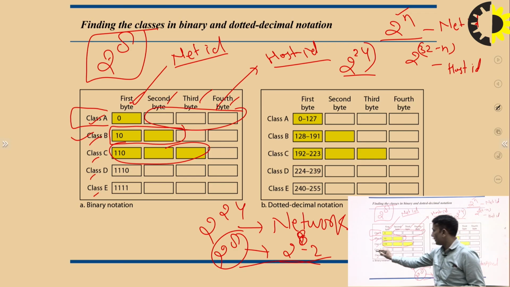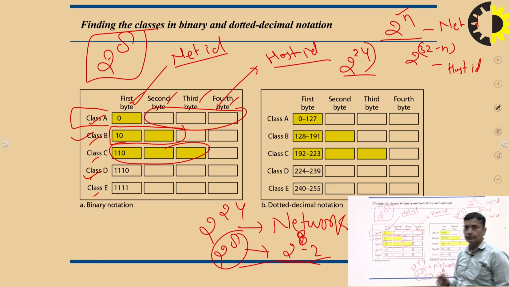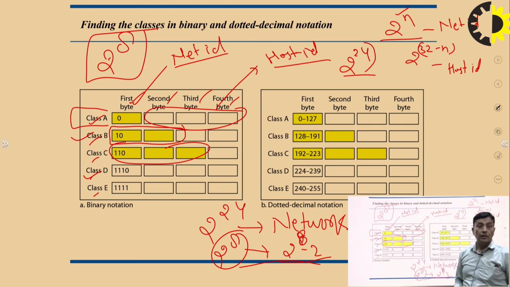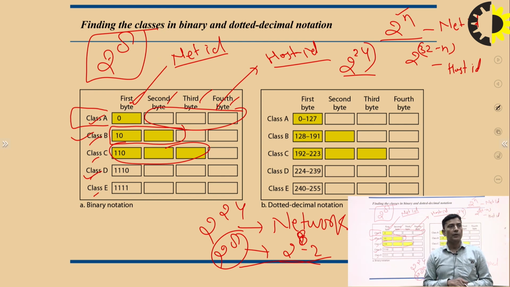Now the class D is used for multicasting purposes, and class E is reserved for future purposes. So these are the 5 classes in IPv4 addressing.